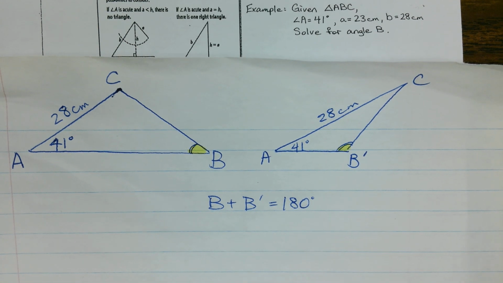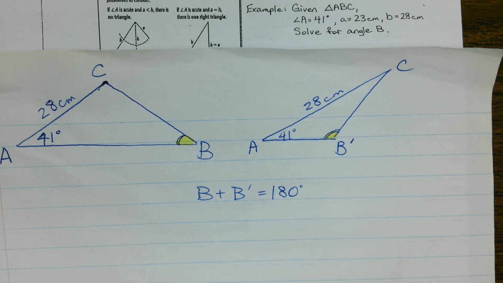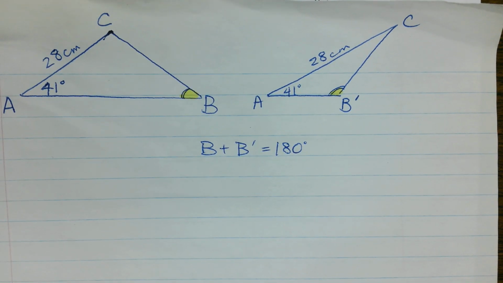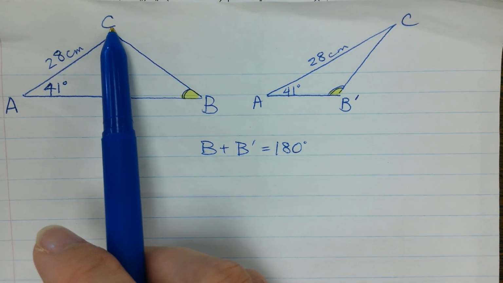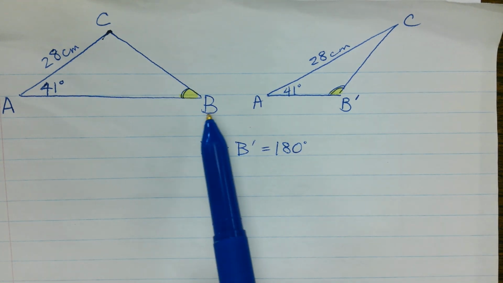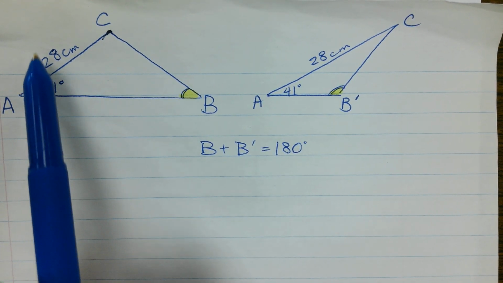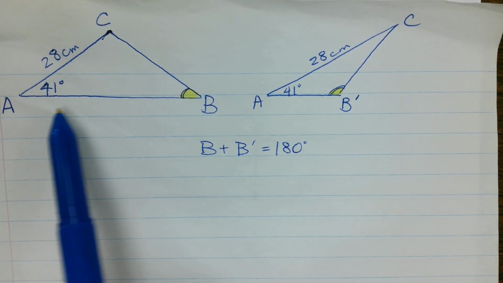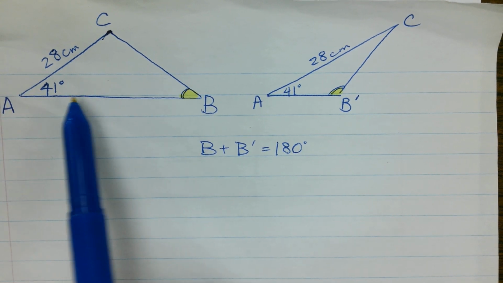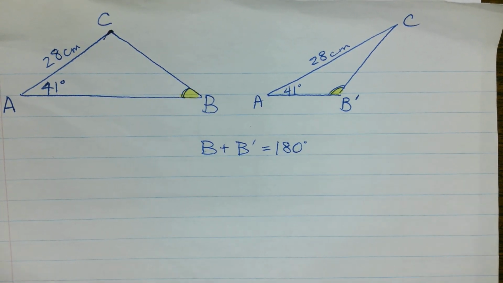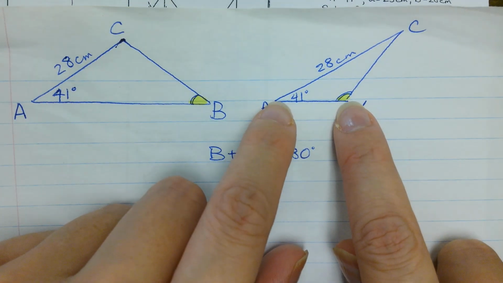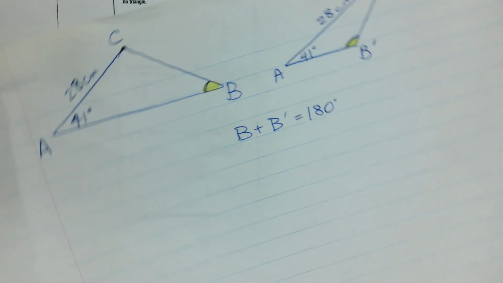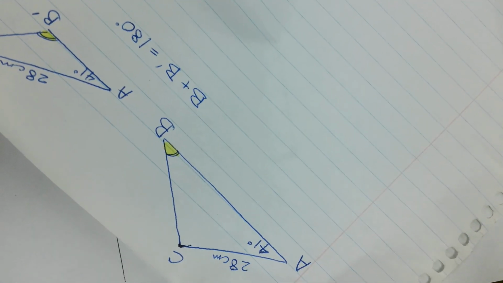What if I label my triangle so that B is where your C is? If you put B over here and C on the bottom, then the 28 would be on the bottom. But you can see right here, this is much longer than this, so your diagram would look kind of like this.